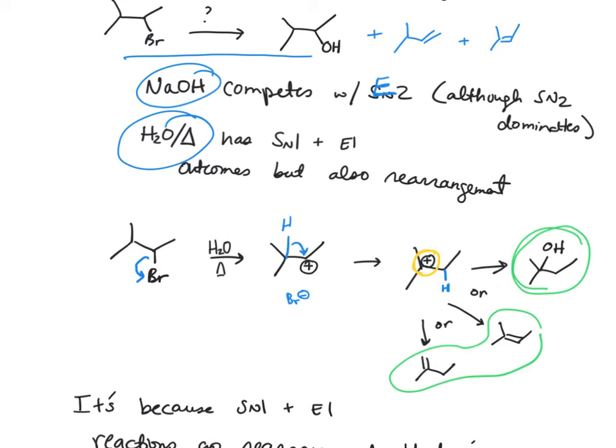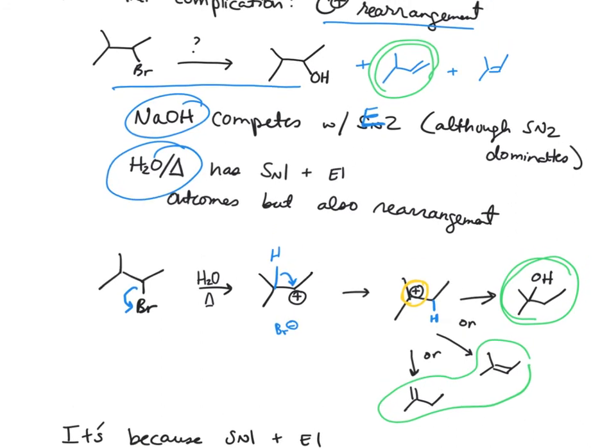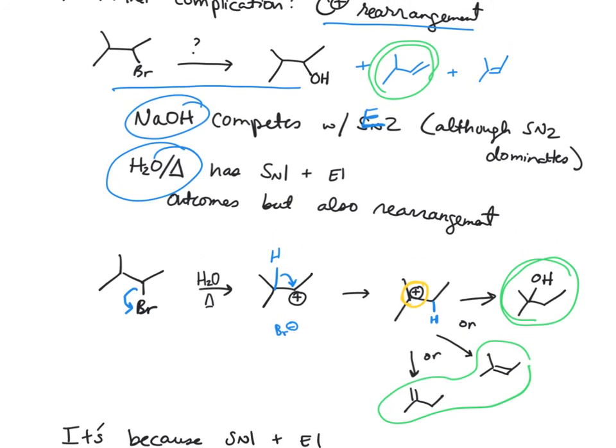Let's see, so this one is unique. So this is a difficult transformation to consider, and there's not a great way of ensuring that you have the product distribution that you want, at least not within a one-step reaction.